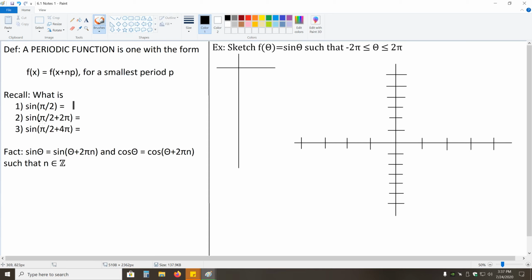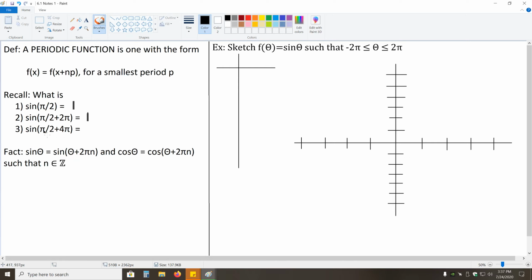From there, what's sine of pi over 2 plus 2 pi? Well, pi over 2 plus 2 pi just means we started at the angle pi over 2 and then we made a complete rotation. If you make a complete rotation, we know that you'll end up with the same trig function value that you started with at your original angle. So sine of pi over 2 plus 2 pi still gives us 1.